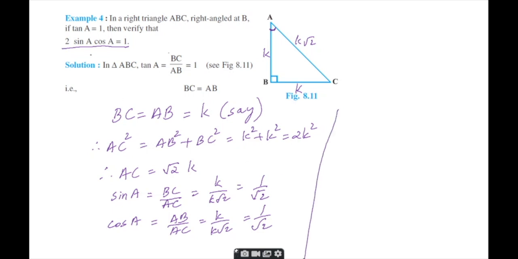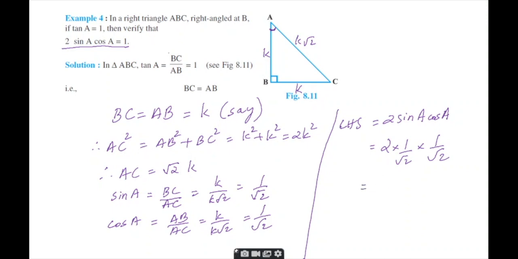Now let us take our LHS. LHS means left hand side of what is to be proved. LHS is equal to 2 sin A cos A. Don't write equal to 1, we have to get 1. So this is equal to 2 into sin A, which is 1 by root 2, into cos A, which is also 1 by root 2.